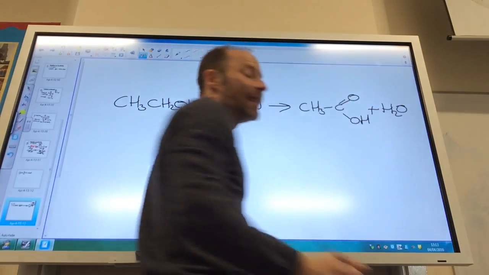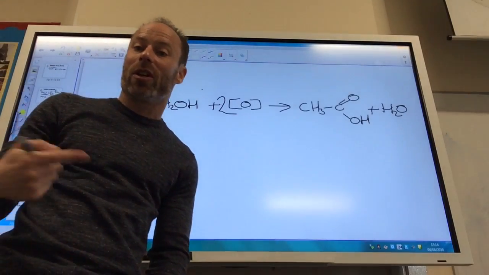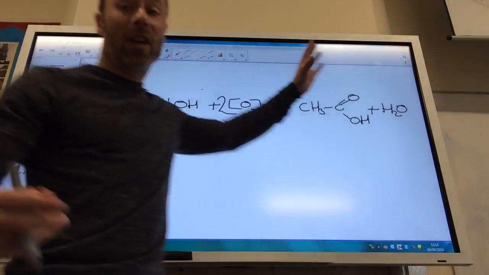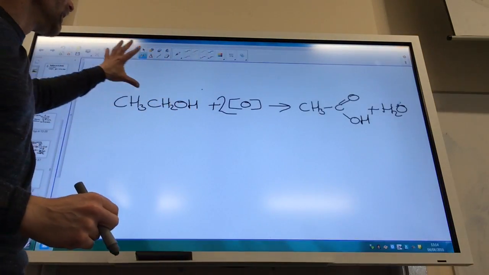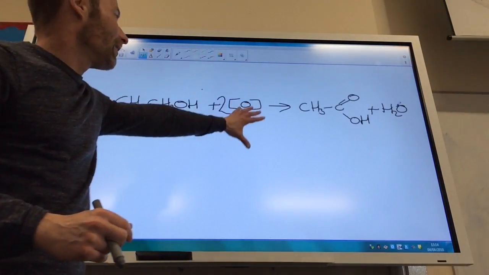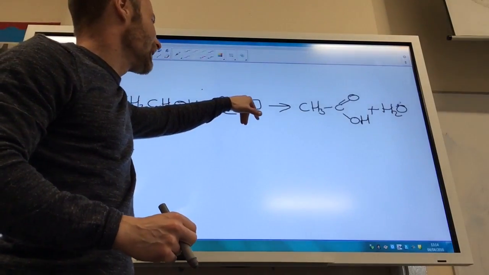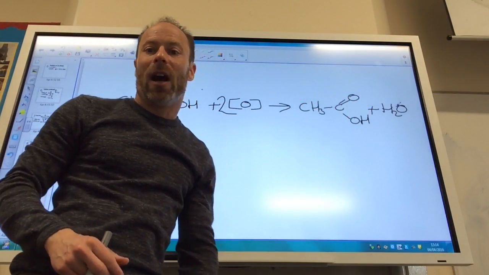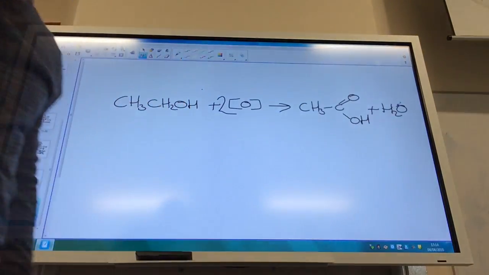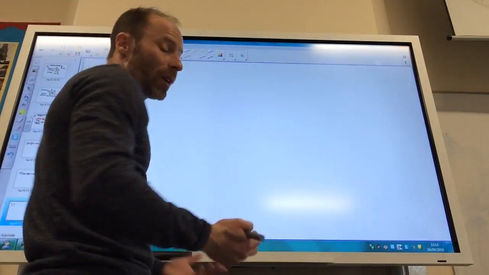Remember water is made in the first stage of the reaction when you go to an aldehyde. So I've kind of combined those two equations together to produce this one. It's produced an aldehyde, but I haven't shown it, and the aldehyde's been oxidized again by putting the second oxygen in to give me ethanoic acid and water overall. So that's fine for primary alcohols.